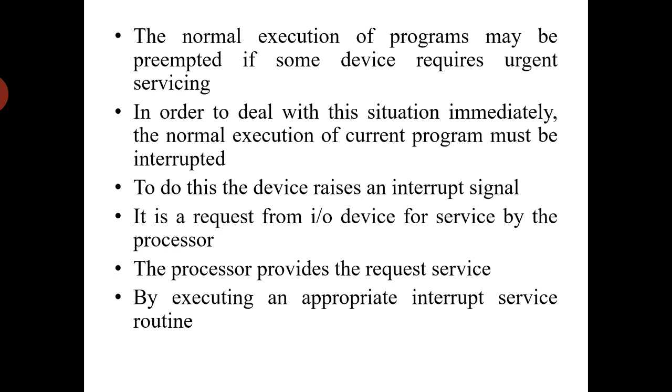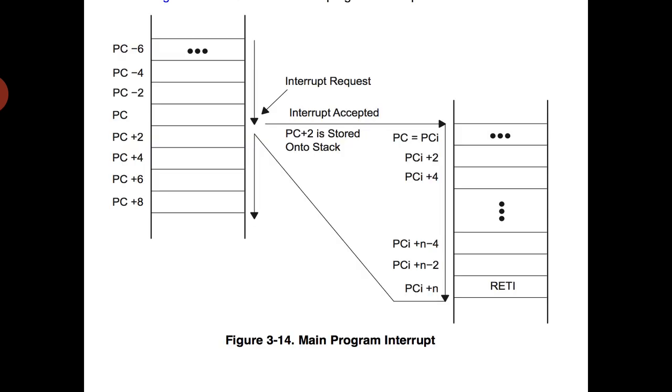In order to do this, the device raises an interrupt signal. An interrupt request is sent from an IO device for service by the processor. The processor provides the requested service by executing an interrupt service routine.